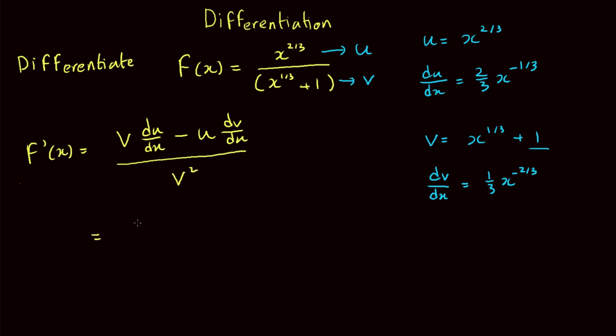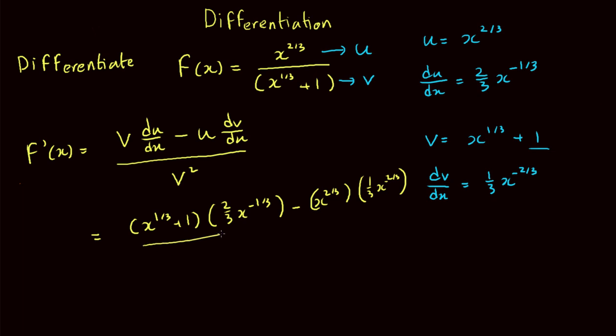In this case, it is x to the power of 1/3 plus 1, times du dx, which is 2/3 x to the power of negative 1/3, minus u, which is x to the power of 2/3, times dv dx, which is 1/3 x to the power of negative 2/3, over v squared, which is x to the power of 1/3 plus 1, all squared.